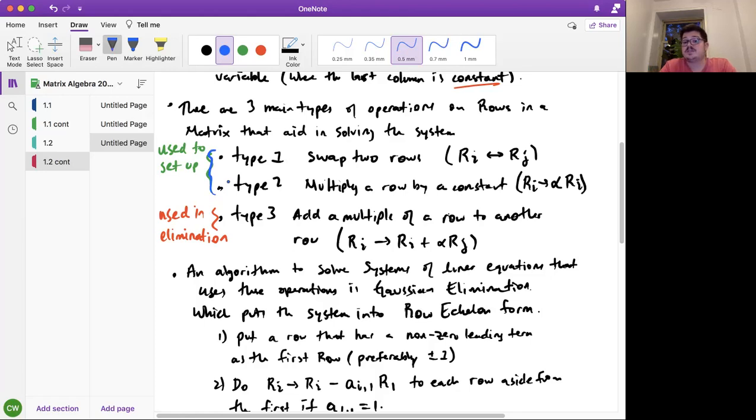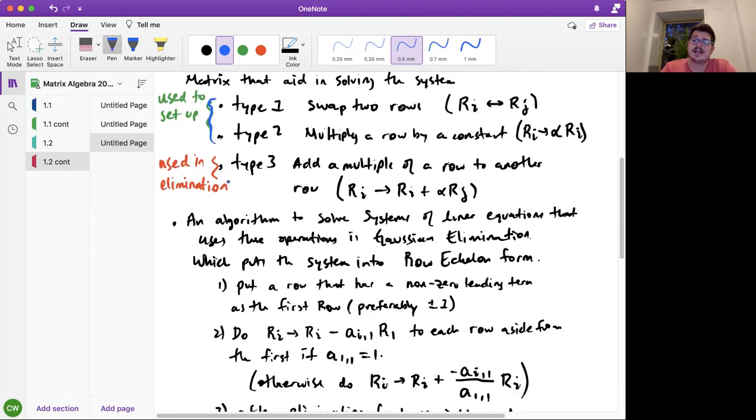Another good use of type 2 was to get rid of fractions. You can multiply by the LCM to clear the denominator. And then type 3 is the main thing we're going to use to eliminate. It's adding a multiple of a row to another row.